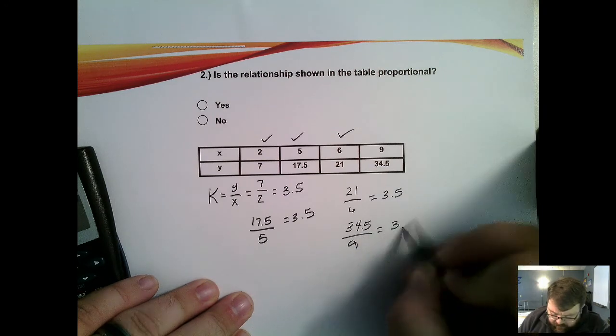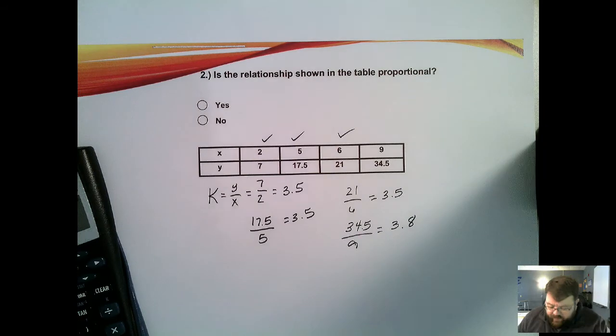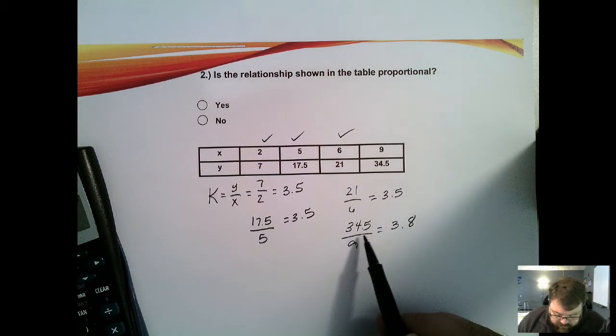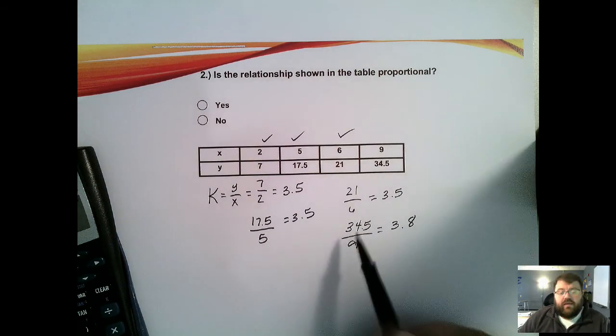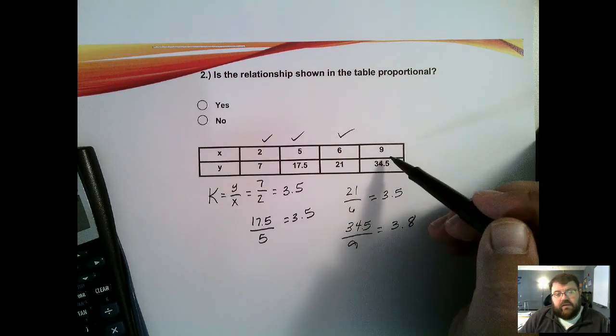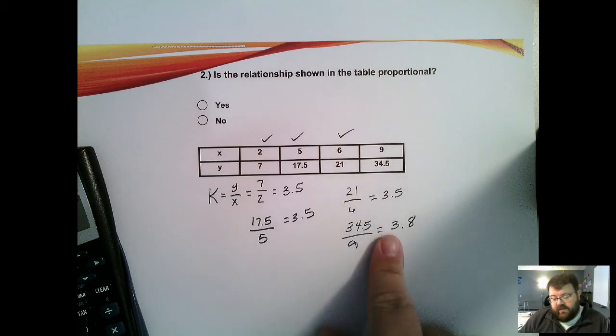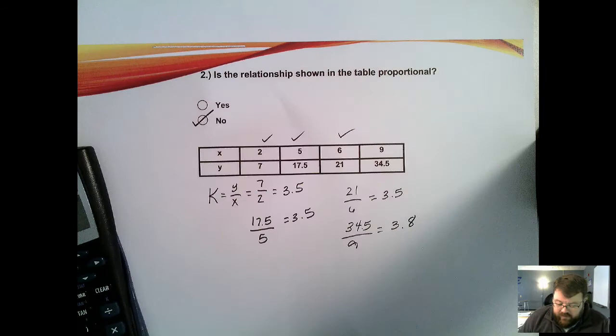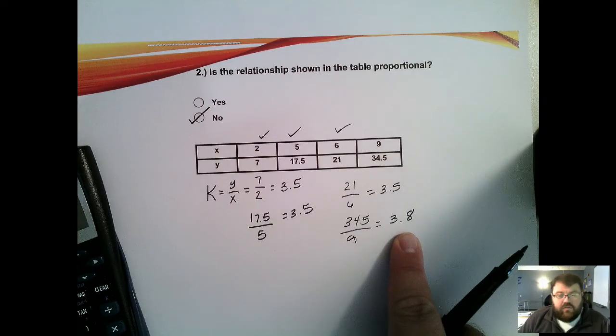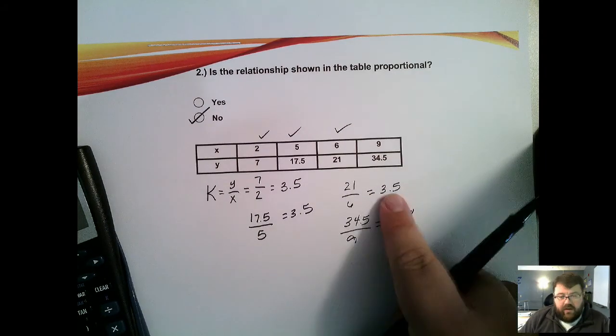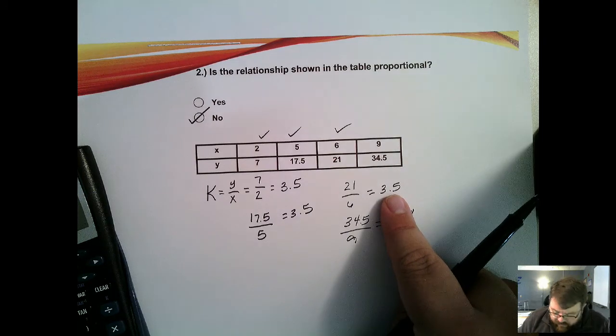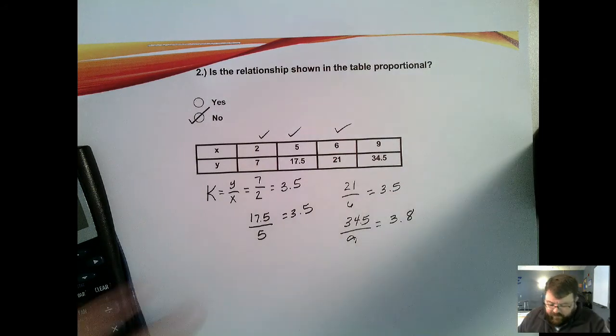And this gives me 3.8. So the good thing about checking all of them is even though they throw this in at the end, we're still able to identify that this is not proportional because this 3 8/10 is not equivalent to 3 and 5/10.